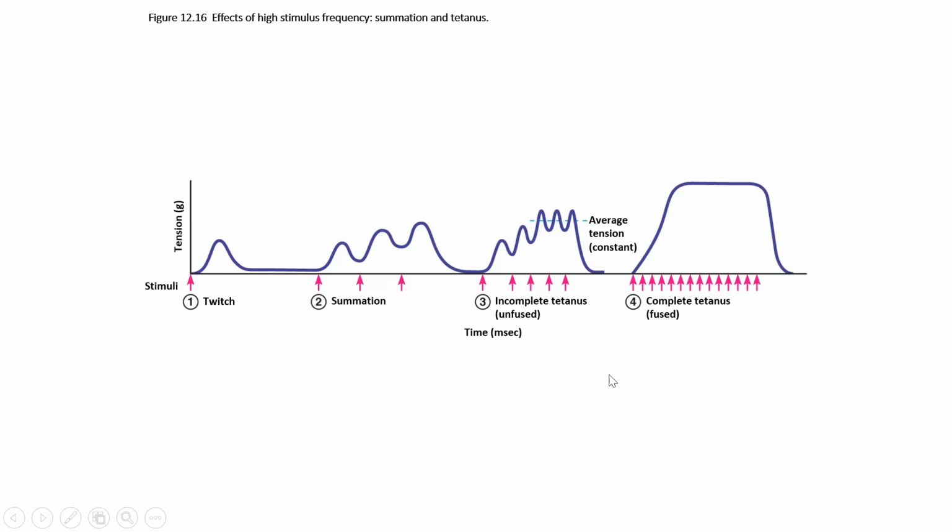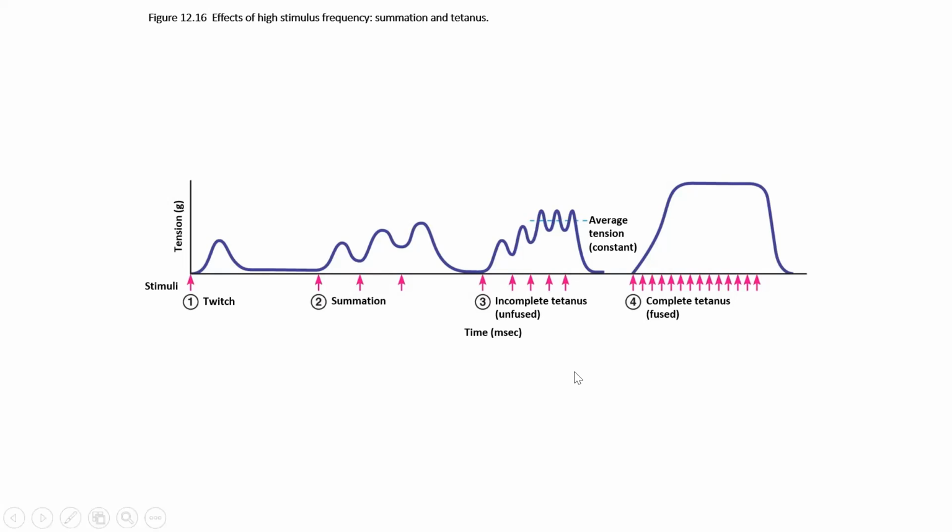the frequency, or how fast we're sending these action potentials, we would then get into what's called tetanus. And tetanus is really this repeated stimulation of muscle that causes muscle spasm, which I'll talk about here in a bit.